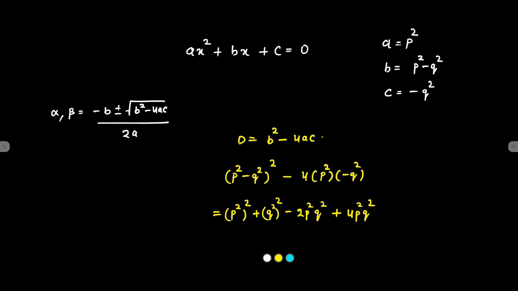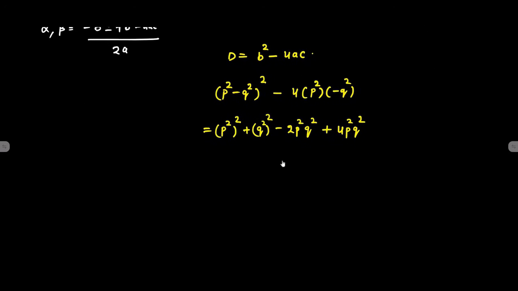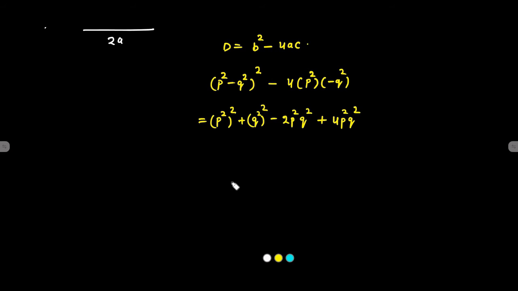Okay, so now we keep it as it is, p square whole square plus q square whole square, and minus 2p square q square plus 4p square q square becomes plus 2p square q square.